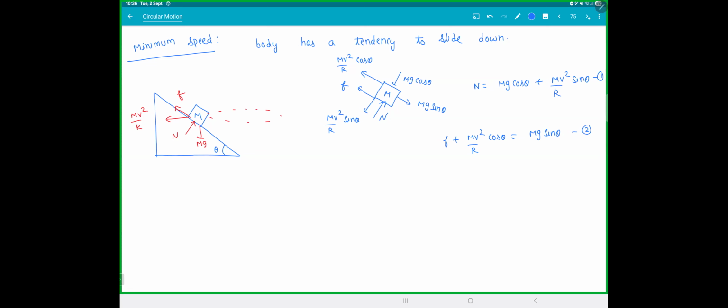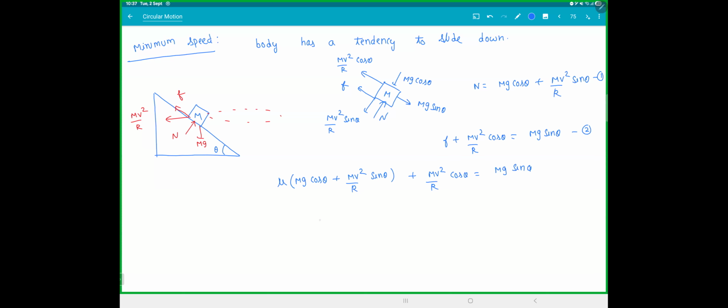There, just put f is equal to mu N, and this would be mu into mg cos theta. Focus everyone. mg sin theta.